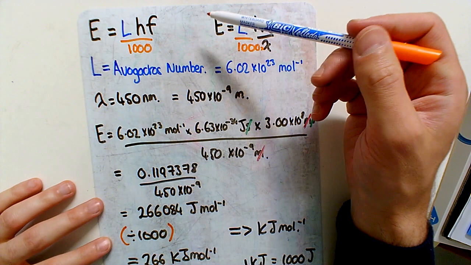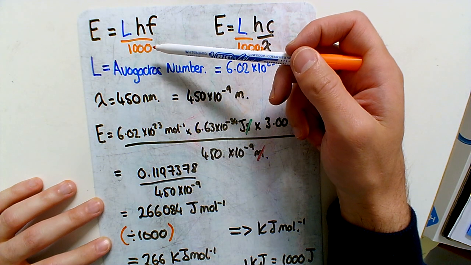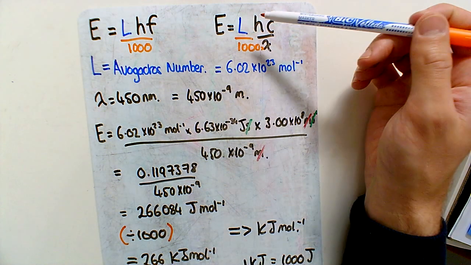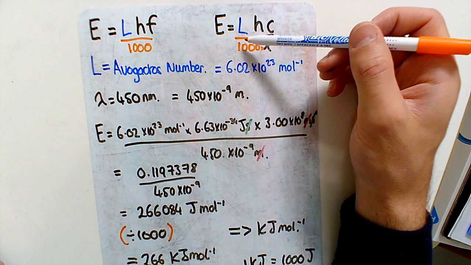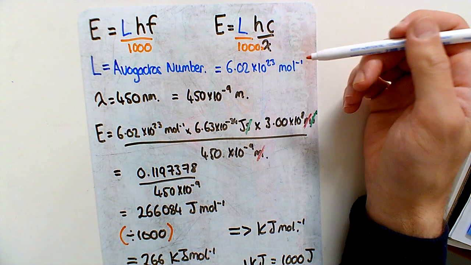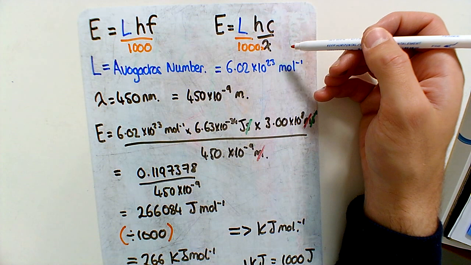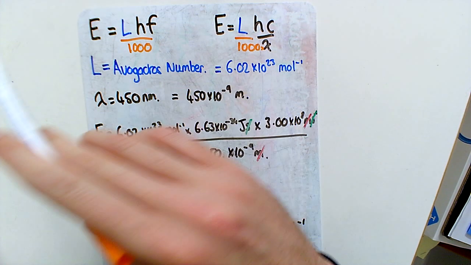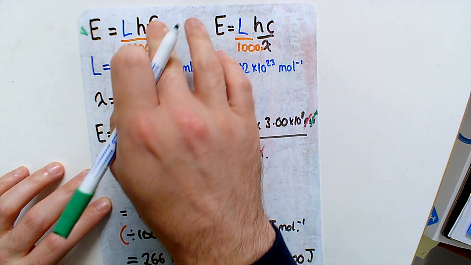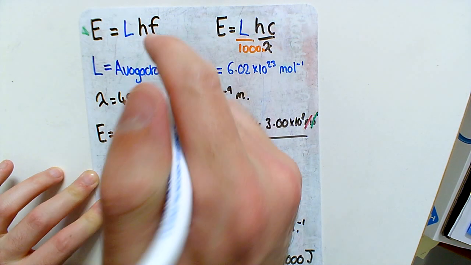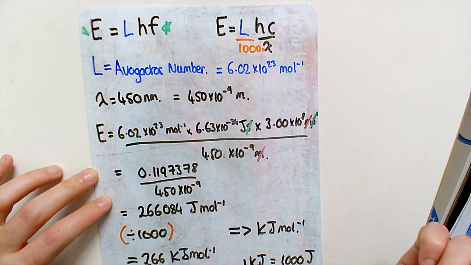LHF, to turn it into kilojoules, you're going to have to divide by 1,000. Or LHC over lambda, and again, divide by 1,000. It's up to you which equation you find better. This is the one given to you in the data booklet.